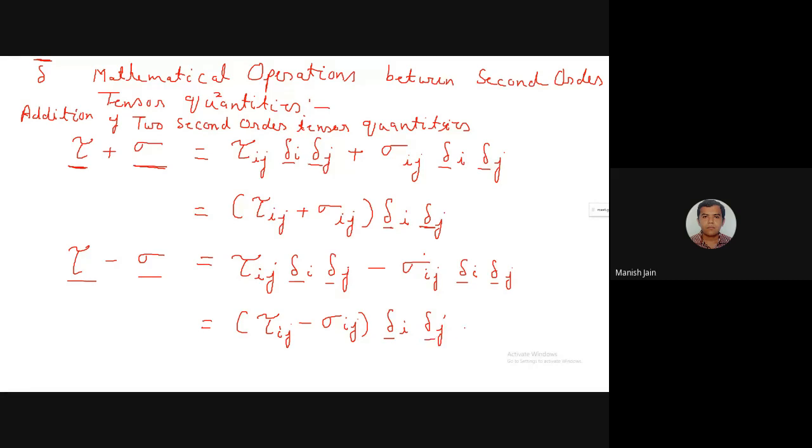Now we will see the multiplication operation, which is more important. Addition and subtraction are the same as for vector quantities or first order tensor quantities.